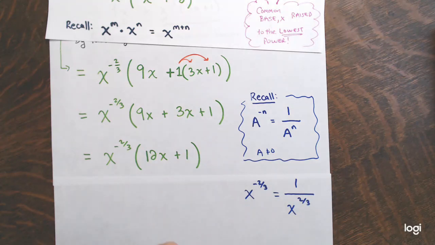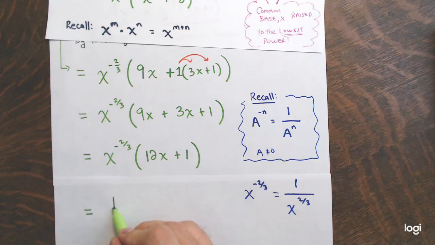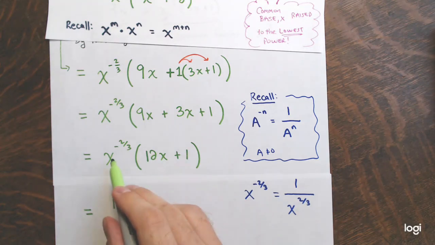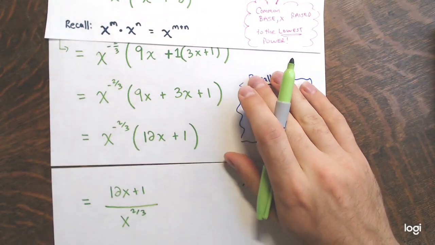So in writing this without negative exponents, I have this factor of 12x plus 1 in the numerator, and since it is the only factor left, the x to the 2/3 goes to the denominator, and since that's the only factor left, the 12x plus 1, I don't need parentheses around it.